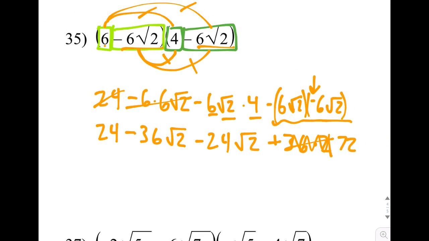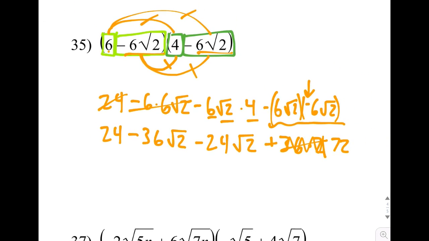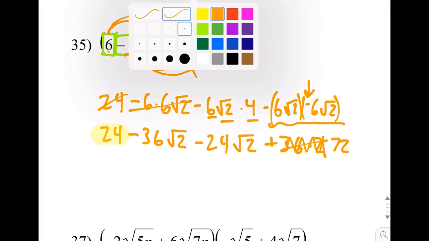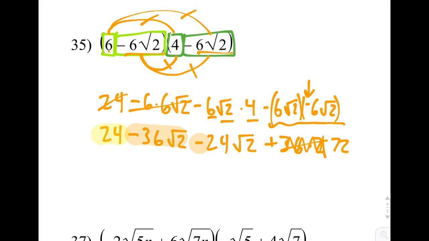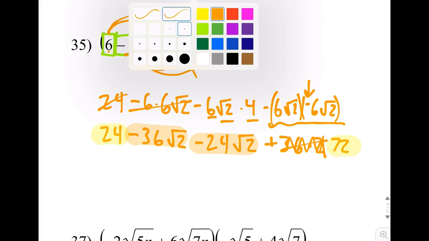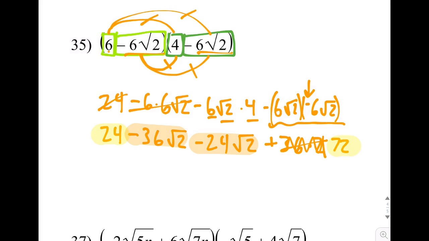So now we have a whole number, something with a radical, another thing with a radical, which happens to be the same radical, by the way. That's convenient because they can be combined, and then a whole number. So let's combine our whole numbers. 24 positive and 72 also positive here.